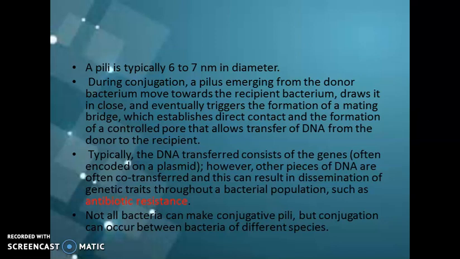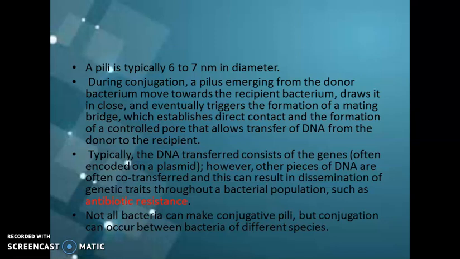Typically, the DNA transferred, that is the donor DNA, consists of certain genes, and these genes may sometimes be encoded on a plasmid. Plasmid means what? Extra chromosomal genetic material. However, the co-transfer of other pieces of DNA may also occur.